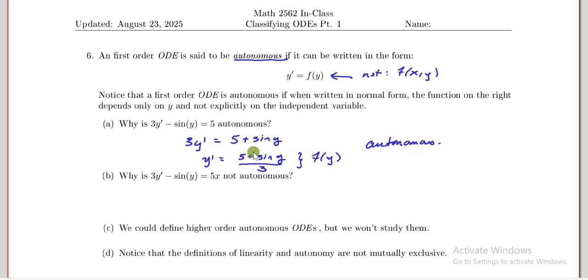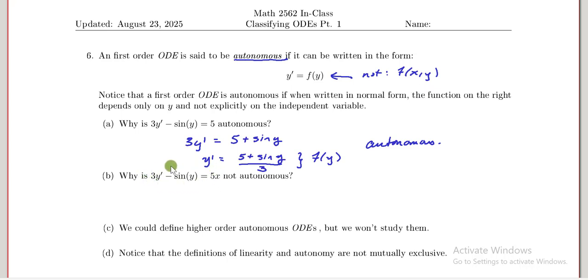Specifically, after I put the first order ODE into normal form, this right-hand side depends only on the dependent variable y, and it does not depend on the independent variable, maybe x or t in this case.